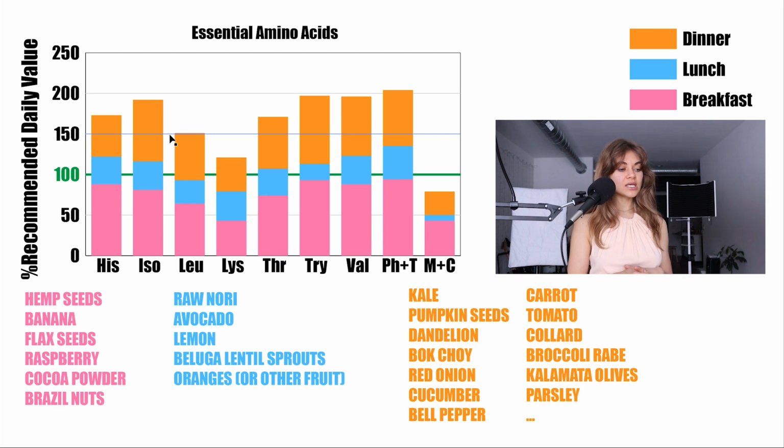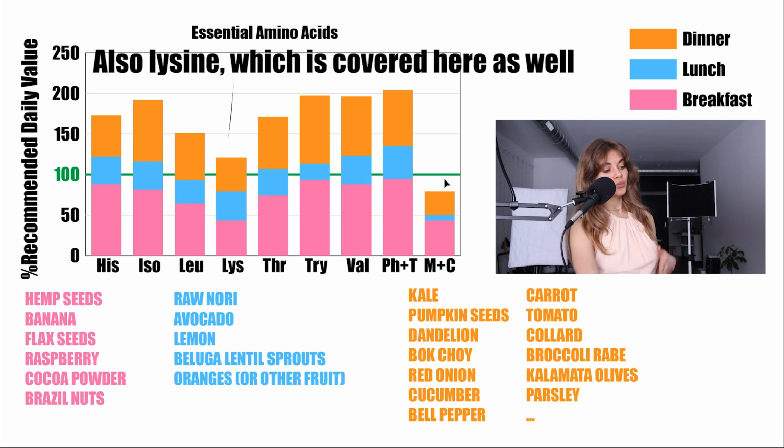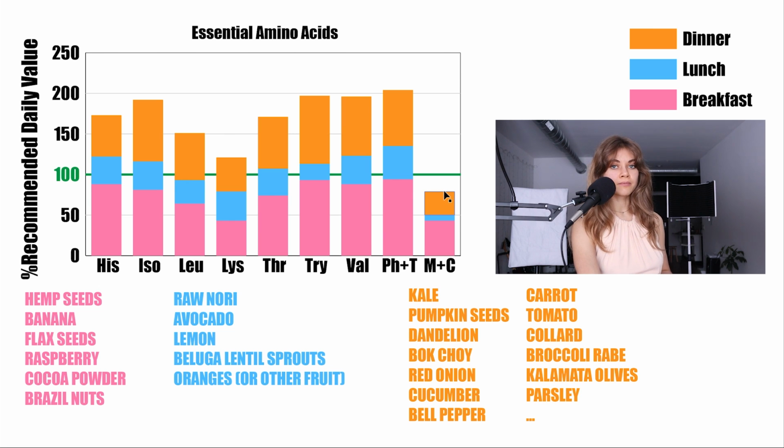And we can see here that it's almost reaching 100% of daily value with the menu that I am proposing. The major contributors to the methionine here are trusty hemp seeds and pumpkin seeds. Those are powerful when it comes to methionine.